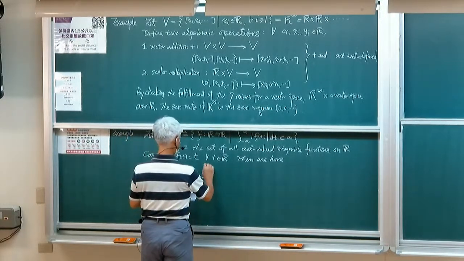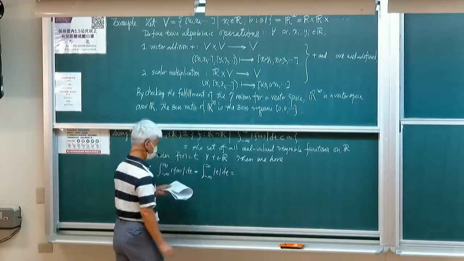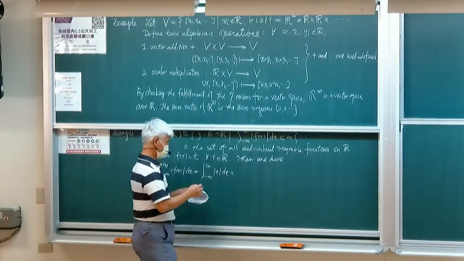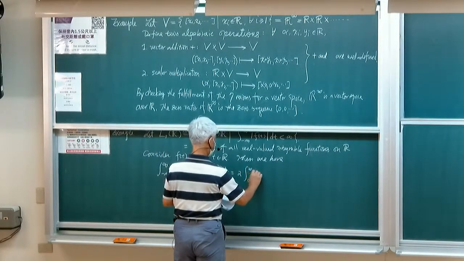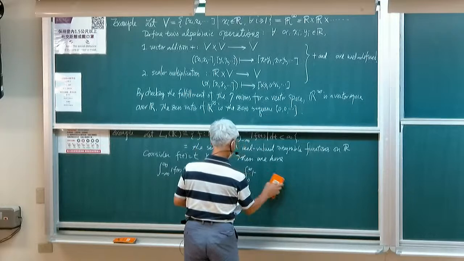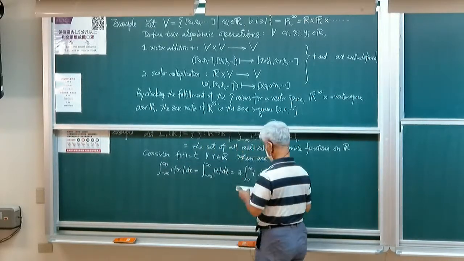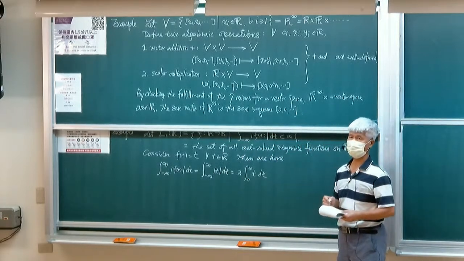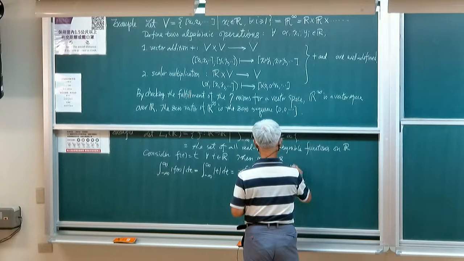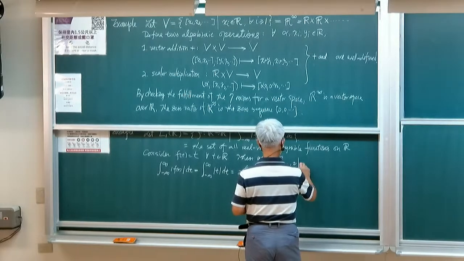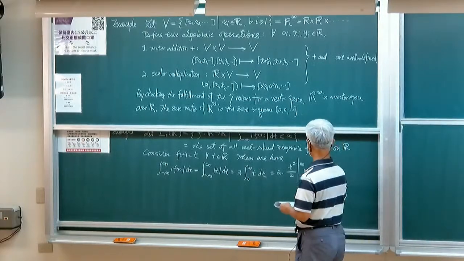By the symmetry, this is 2 times the integral from 0 to infinity of t dt here. Okay, and this is 2 times t squared over 2 from 0 to infinity. And what is that? This is infinity.